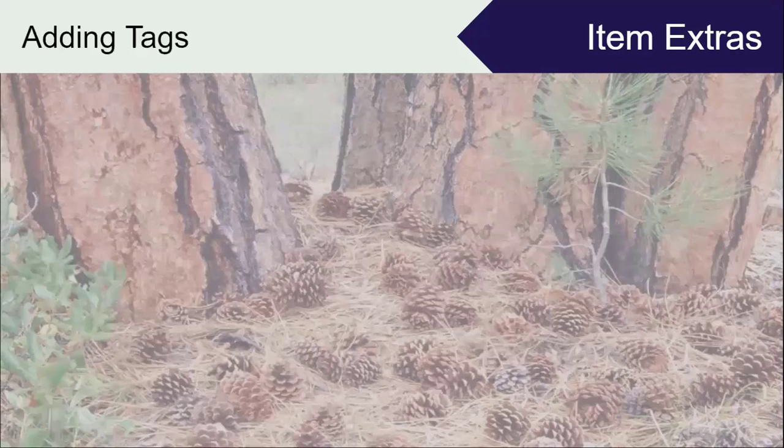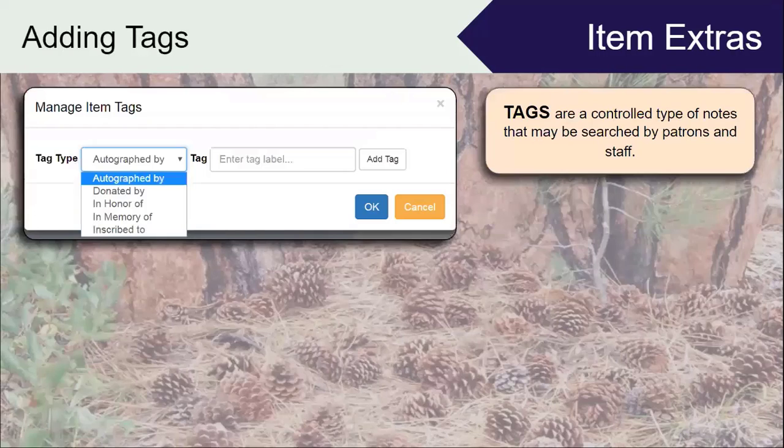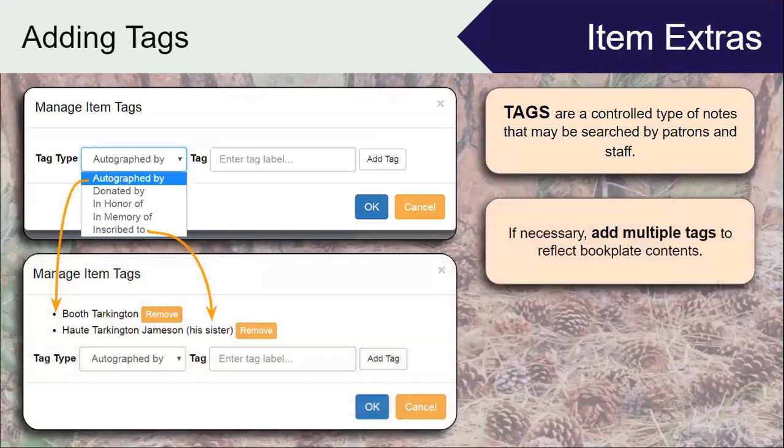So when we are adding tags, we'll select the tag type, and then the tag, the label, that text after that is free text. You can add multiple tags to actually reflect book plate contents.